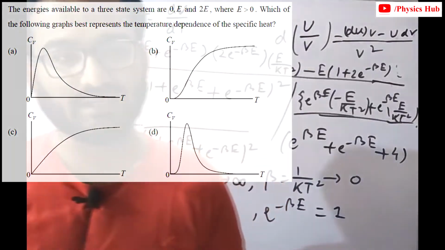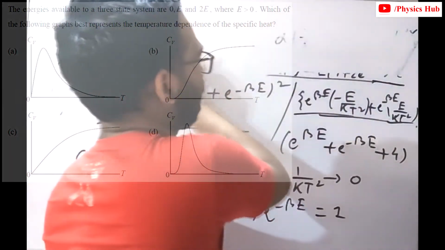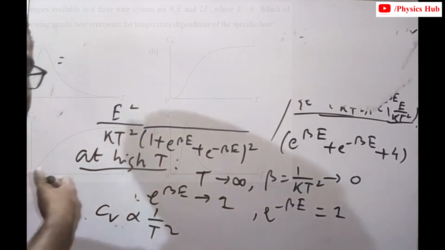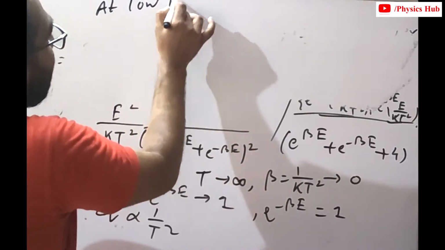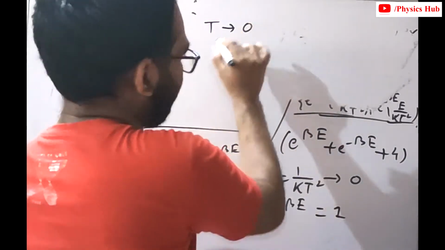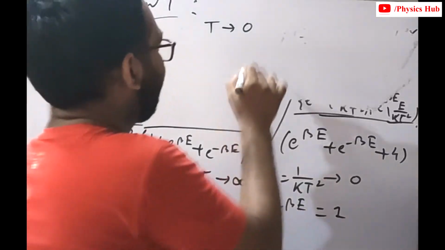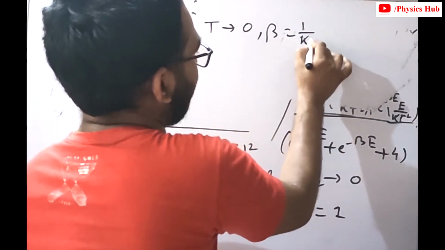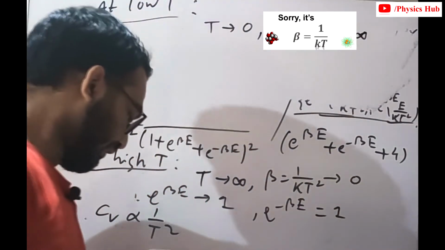For that we will check the expression of Cv at low temperature. At low temperature, your temperature is tending to 0, and beta, that is 1 by kT, will tend to infinity.